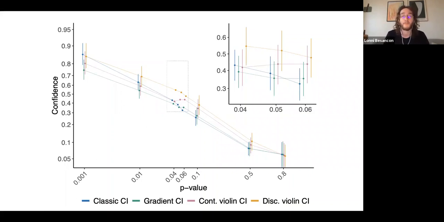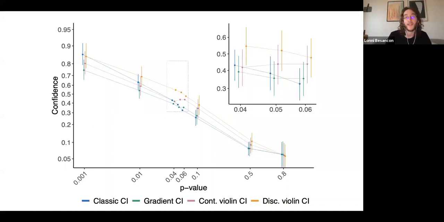We also see some things that seem nonsensical here, like for the continuous violin CI and for, which one is this one? The gradient CI, it seems that the confidence increases when the p-value increases. It's probably just an artifact due to our small sample size. Let's take it more as an equal confidence across all of these values.